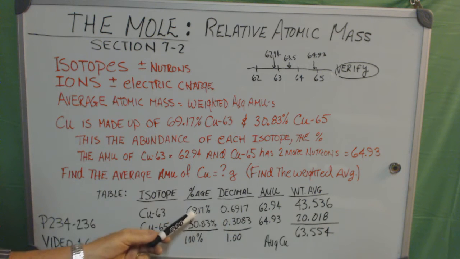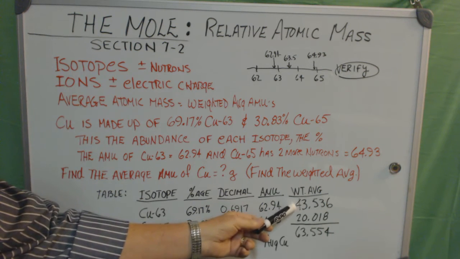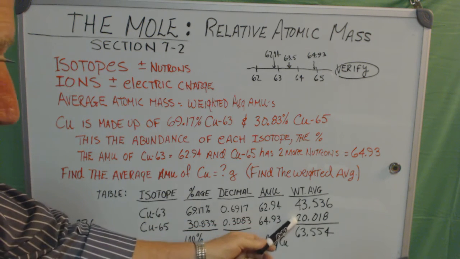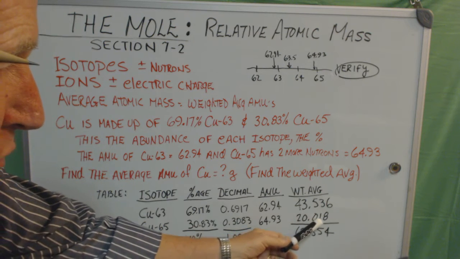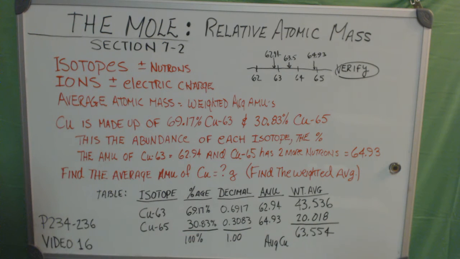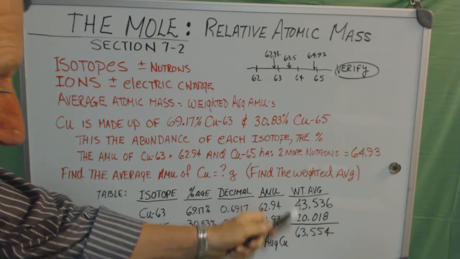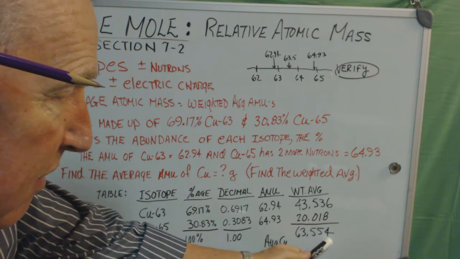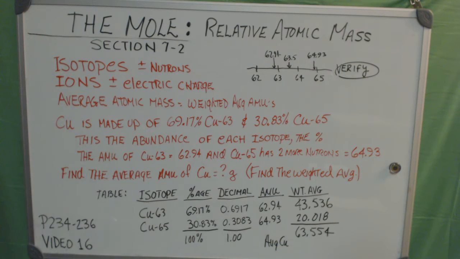That's 69% of 62.94, 43.536. 30.83% is going to be 20.018 AMU. That's how much I'm going to have in my final copper, and I add these together and I end up with my final average of 63.554 AMU, or grams per mole of copper.